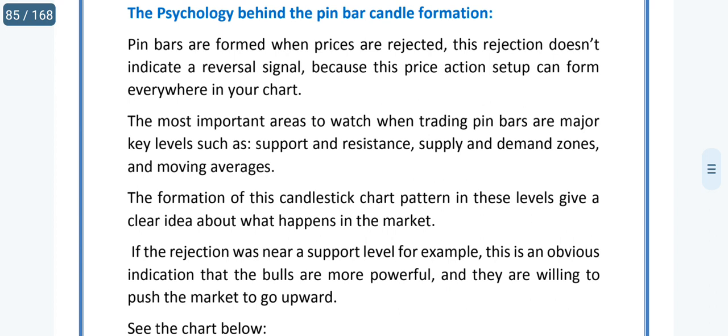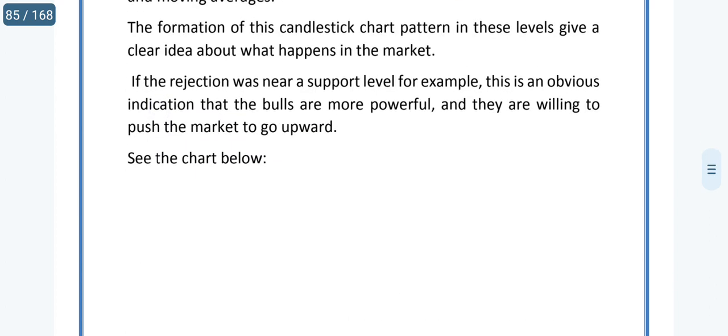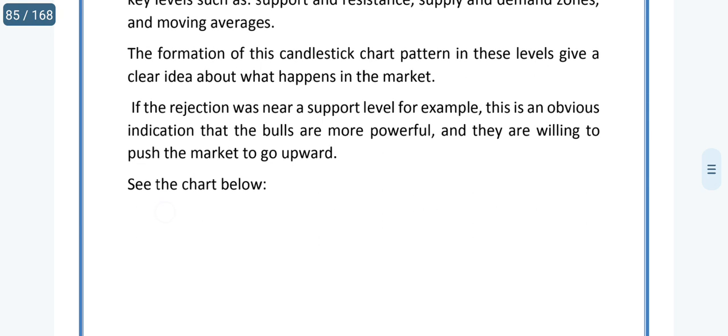The most important areas to watch when trading the penny bars are the support and resistance levels, the supply and the demand zones, and the moving averages. The formation of a penny bar candlestick chart pattern in these levels gives a clear idea about what is going to happen in the market.